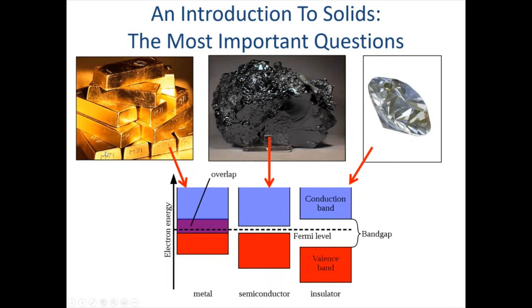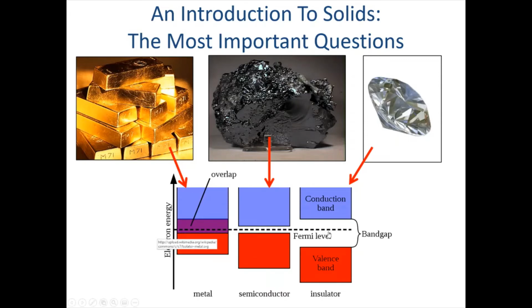To give away the answer before we even start, what you're going to find out is that all of these structures are going to have what we call a band structure, where instead of just having single atomic orbitals, we're going to have molecular orbitals that span the entire material. And the key thing here is where the Fermi level is.